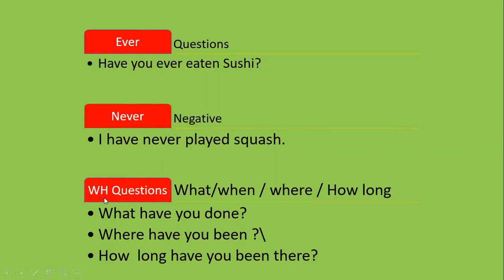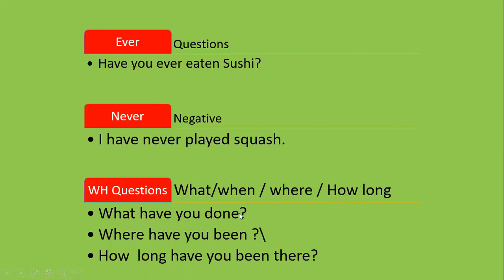And here we learn how to make a question. We must follow a certain order in the question. We start with the question word, the WH questions, like what, or when, or where, or how long. What asks about things, when asks about time, where asks about the place, how long asks about the period of time. So for example, I can say, what have you done?